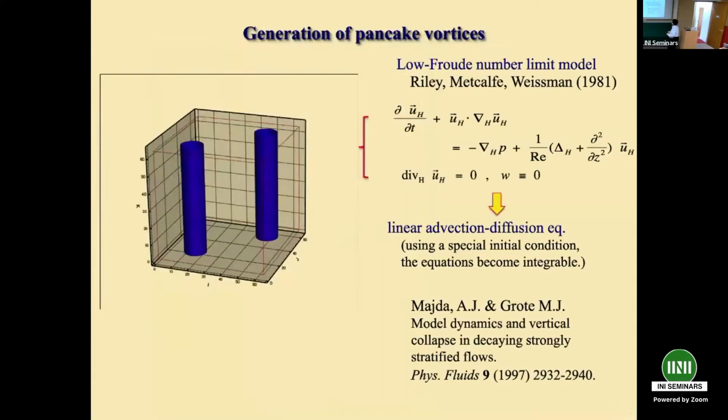To explain the generation of pancake vortices, Maeda and Gröbner presented a theory using the low Froude number limit model by Riley, Metcalfe, and Weissman, in which the vertical velocity is zero and the horizontal direction is coupled.